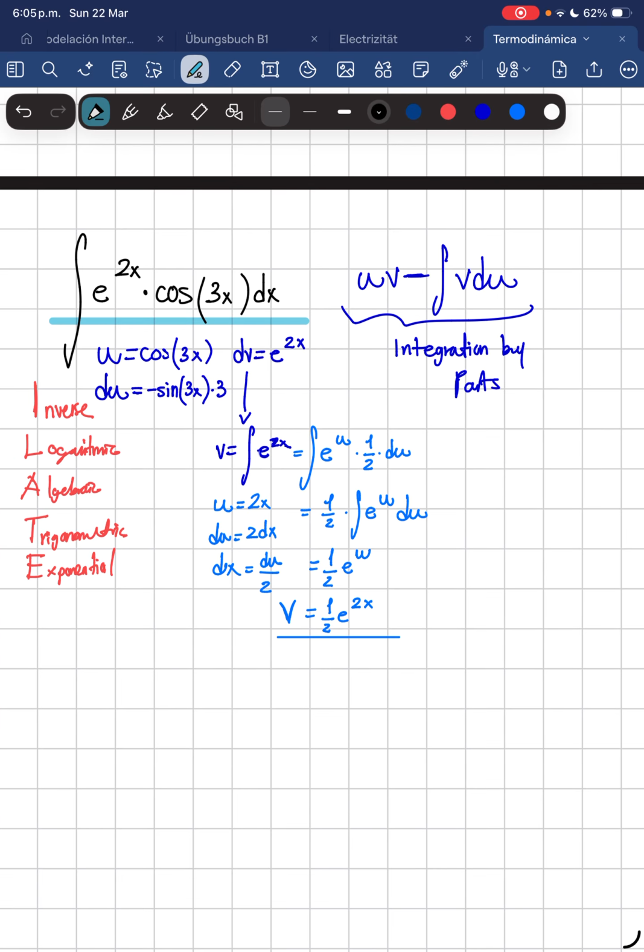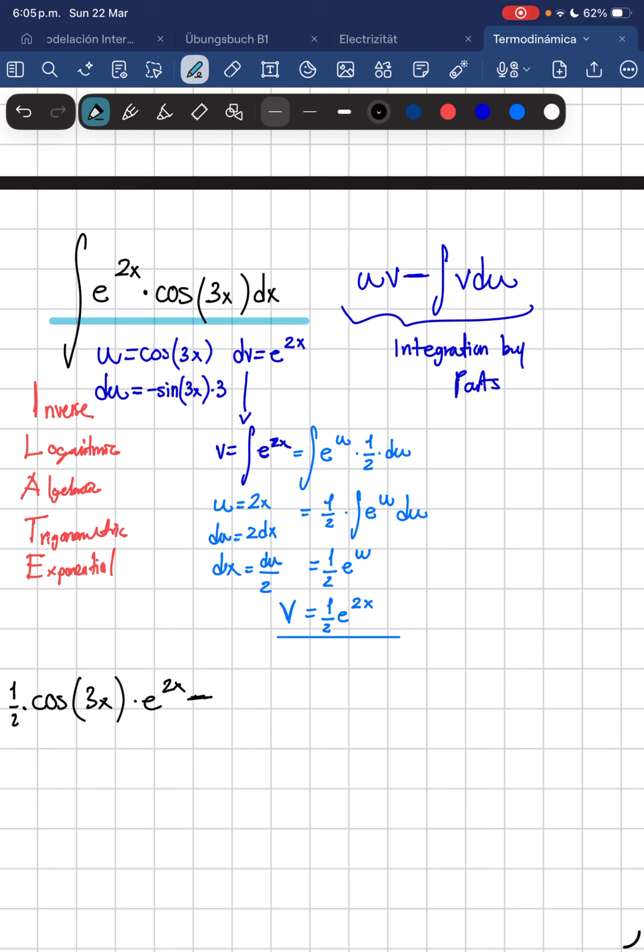And we're gonna use this formula that I told you at the beginning, and start solving. We're gonna use u, which is cosine of 3x, and v, which is the one we just established. We're gonna put the 1/2 right at the beginning for simple terms, times e to the 2x.